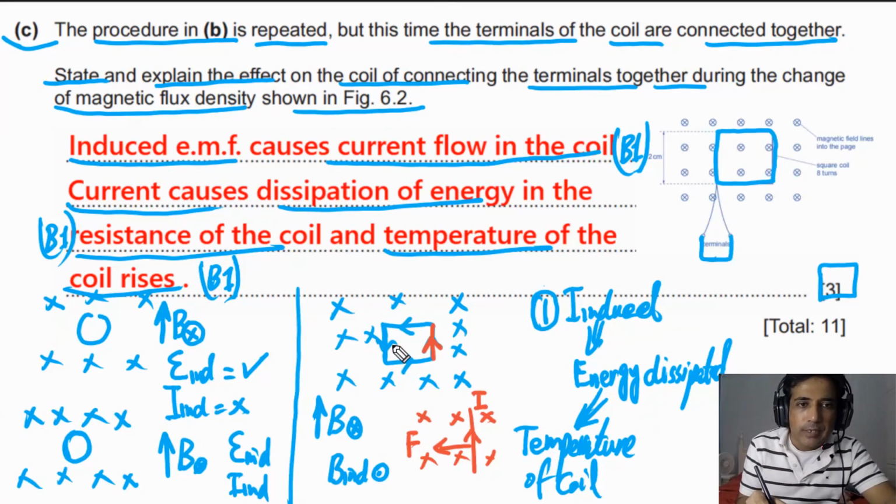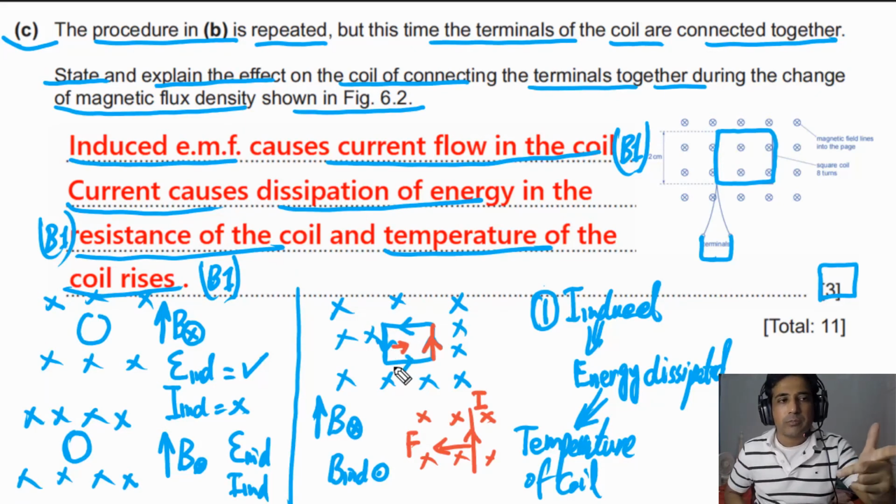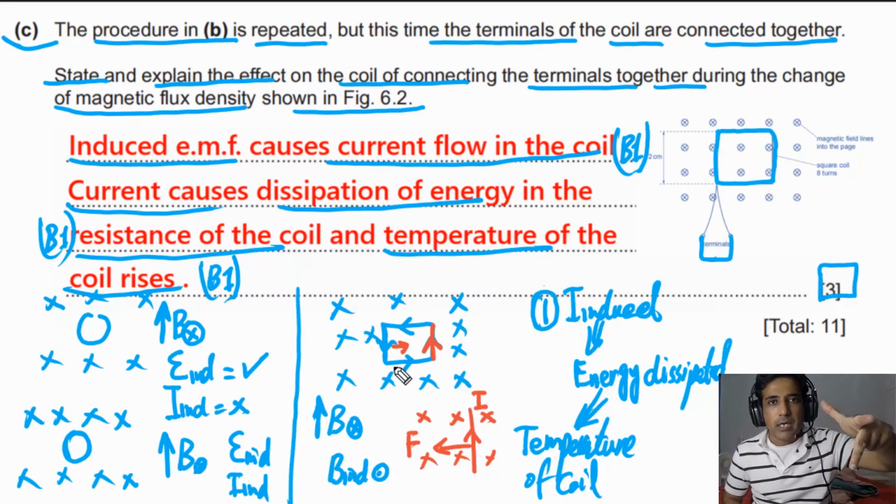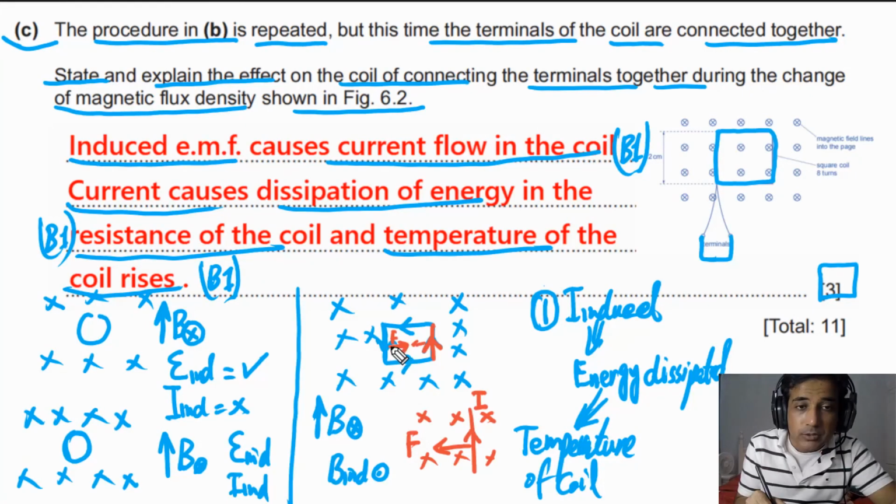You can also find the direction of force on this side. The force has to be to the right, because the magnetic field is into the page and current is flowing down. So this magnetic force is to the right and this magnetic force is to the left. We can also find the direction of force on this side.